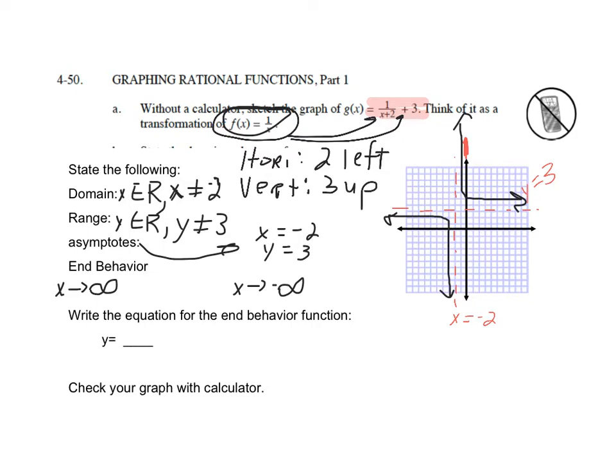So as x goes to positive infinity, y is getting closer and closer to 3. As x goes to negative infinity, y is getting closer and closer to 3. So the equation for the end behavior is just y equaling 3.